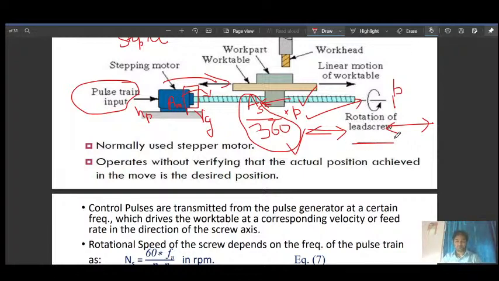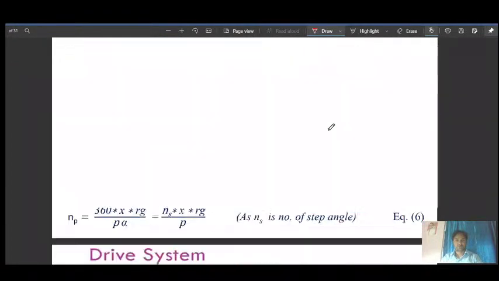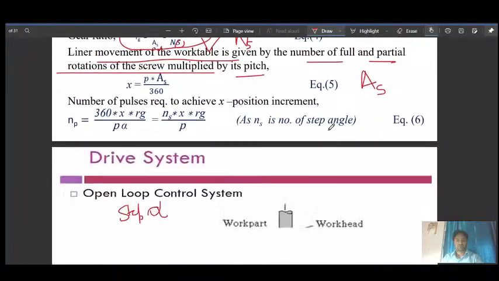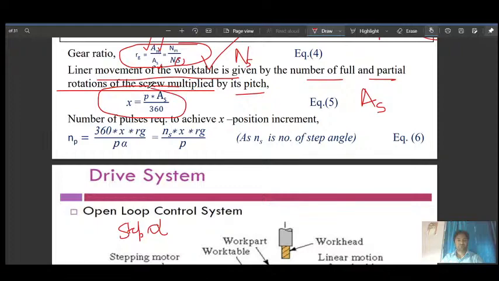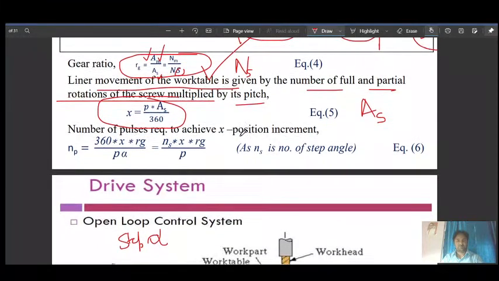Okay, so we have got this value. Now put the value of AS here. What is the value of AS?